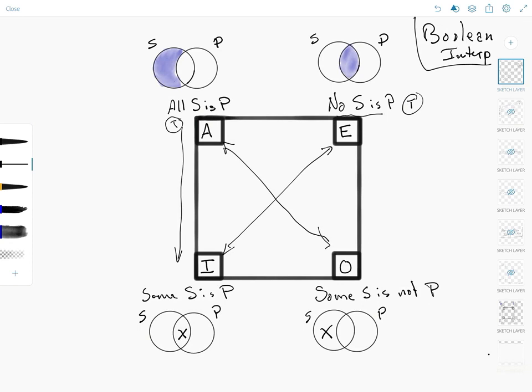The diagram for all S is P, assuming that's true, shows this relationship between S and P. Notice, on the Boolean interpretation, there are no X's. Since there are no X's, then this diagram's information cannot make it true that some S is P. Or to put it another way, if all S is P were true, it does not have to be the case that some S is P is true. So sub-implication is not a valid inference on the Boolean interpretation. So we'll take that one off.